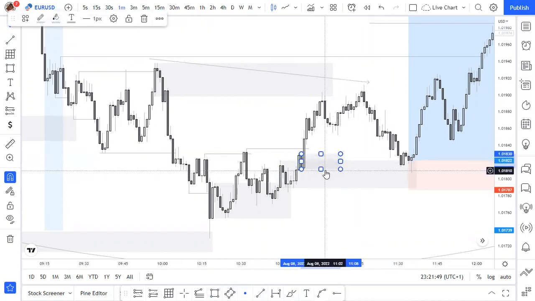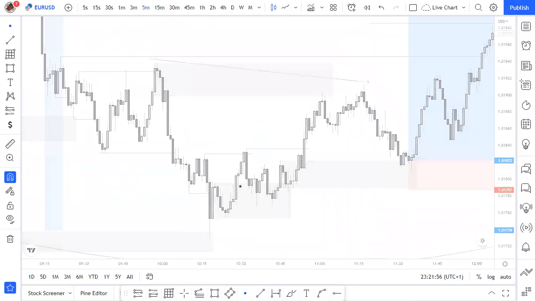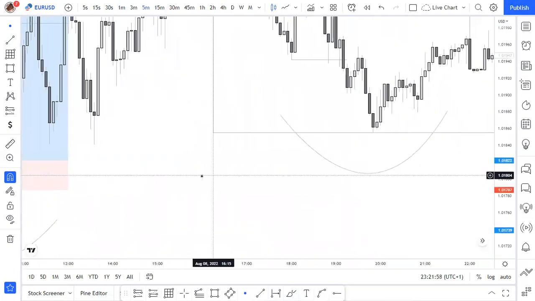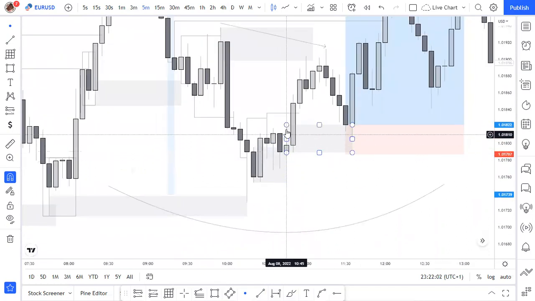So what I used was the 5 minute supply zone. This is what I used, the 5 minute buy to sell wick, as my actual entry.